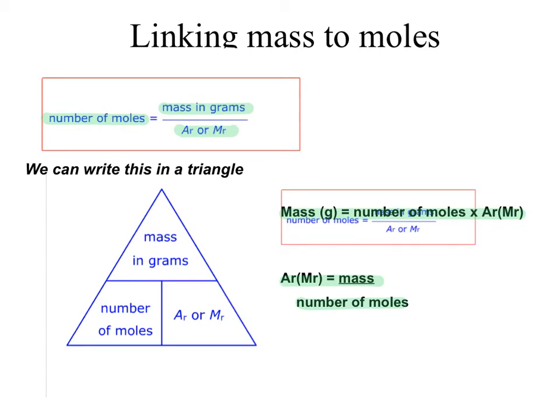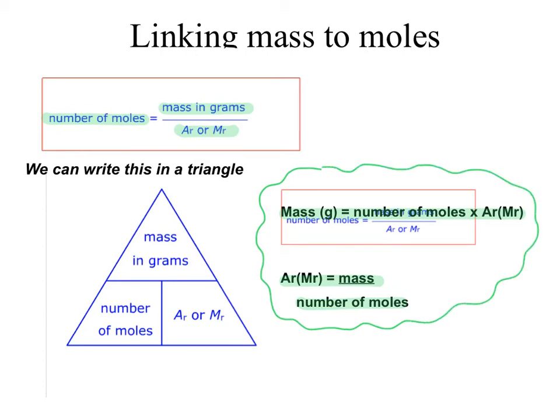It would be worth writing these two at the top of page 135, because in some of the questions we will be asked to rearrange this moles expression. So it's really important that we learn and remember this moles expression.